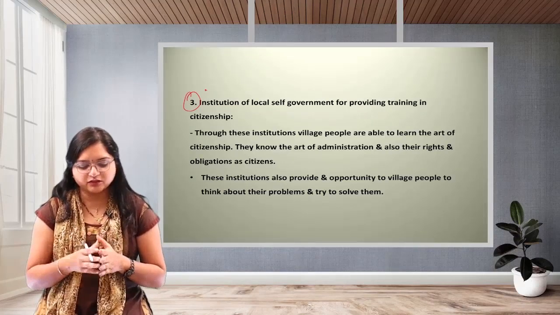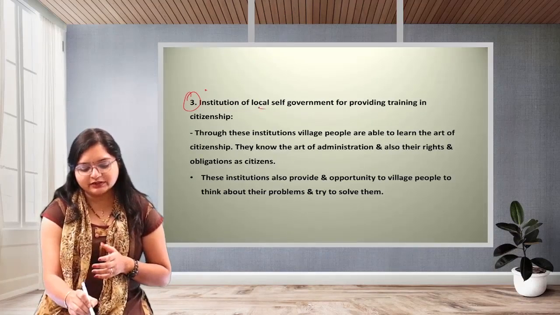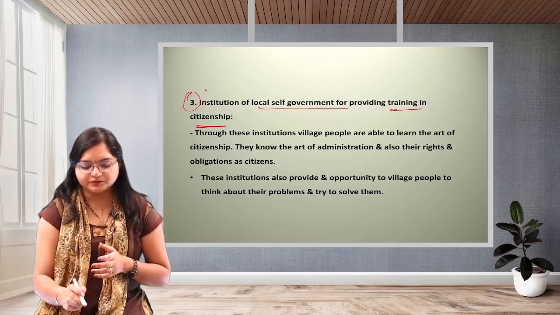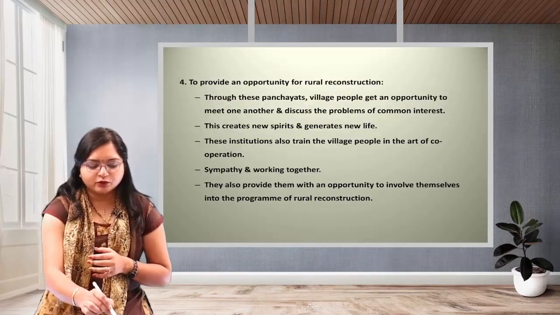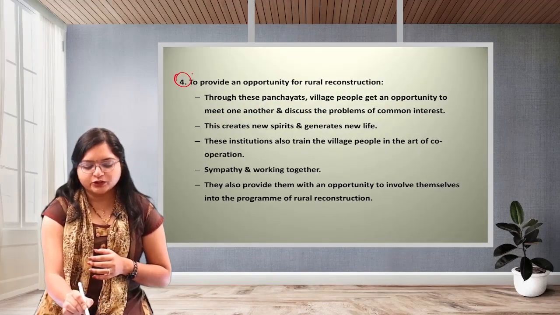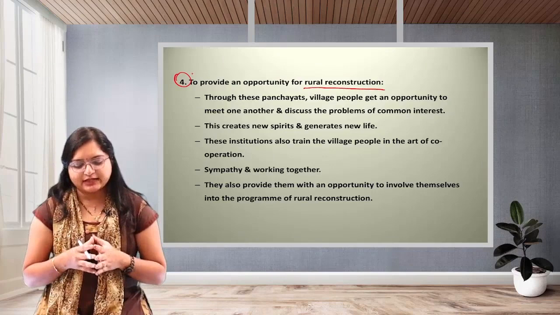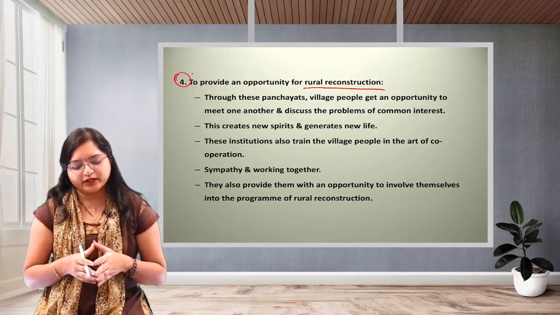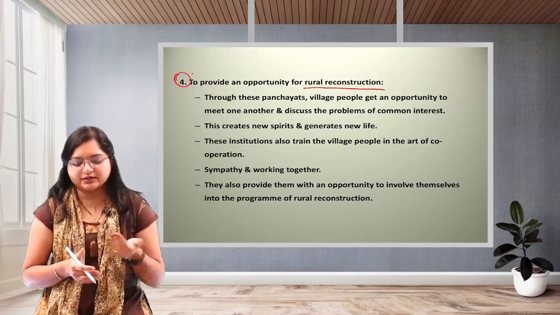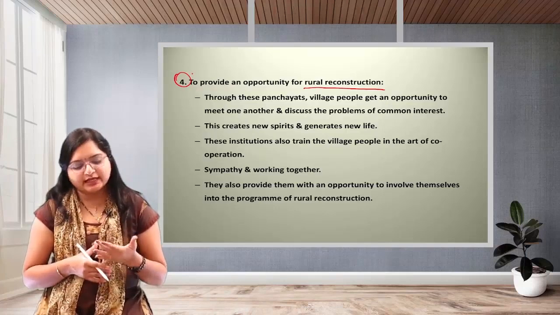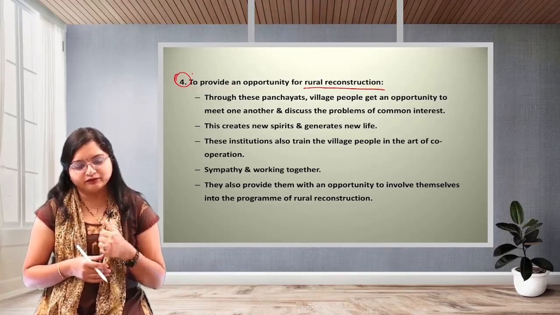Then the fourth objective is to provide an opportunity for rural reconstruction. Through these panchayats, village people get an opportunity to meet one another and discuss their problems of common interest. This creates new spirit and generates new life with one another.